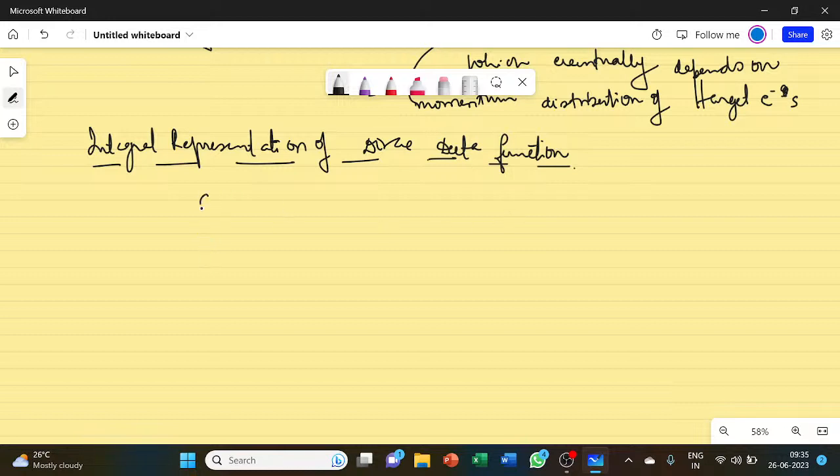If I want to write my Dirac delta function, δ(x minus x naught), I can write it as 1 upon 2π, integral from minus infinity to plus infinity, e to the power iota k (x minus x naught), dk. So remember, here you have x minus x naught, and I have written dk.